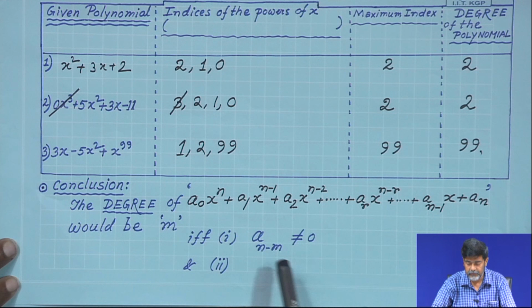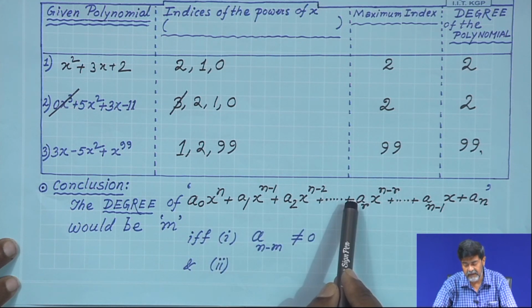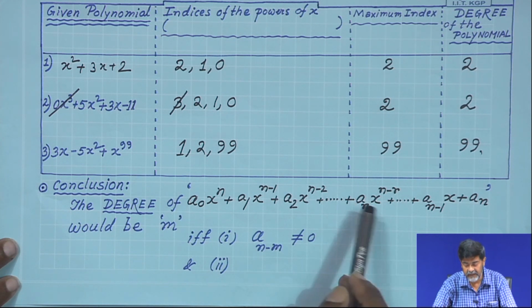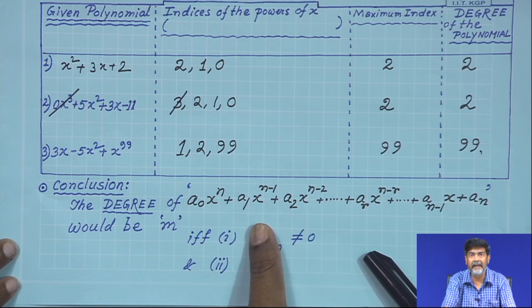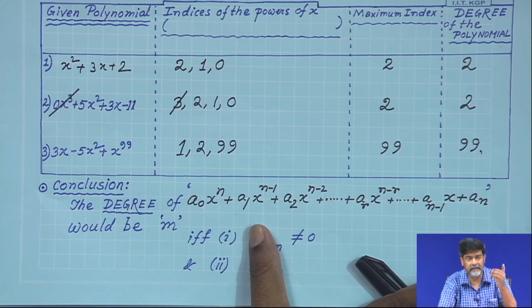Okay. Suppose in this very expression some term contains x to the power m. Then what will be the suffix of a, which is the coefficient of x to the power m? Just use the fact that suffix plus index will be n. Suffix plus index will be n. Then if we have a term containing x to the power m, what will be the suffix of a? m minus m plus n.